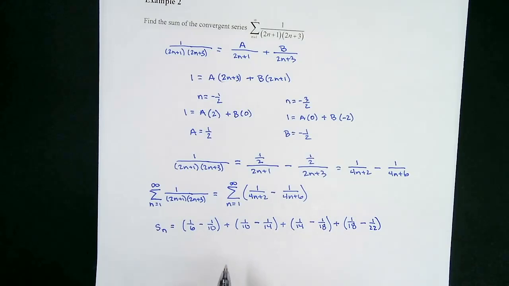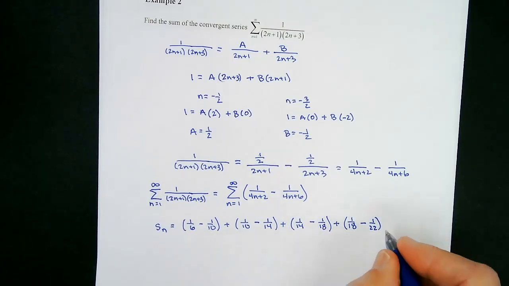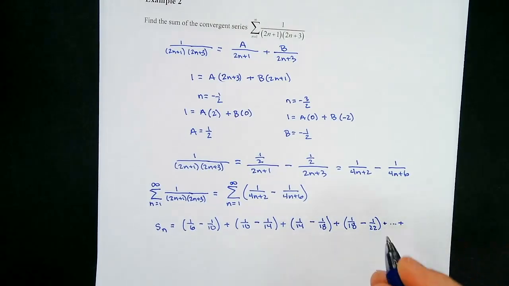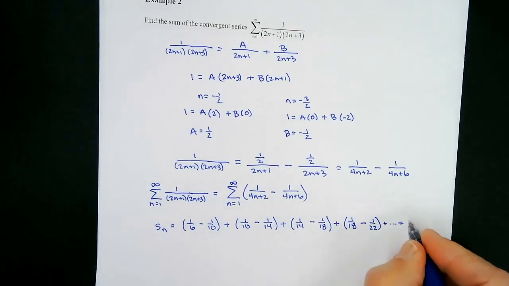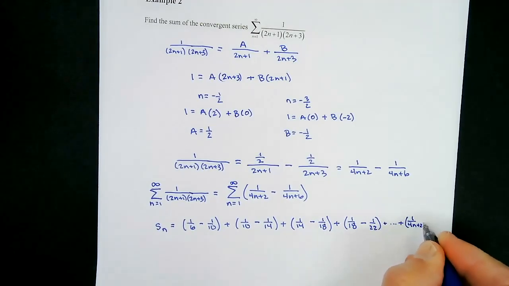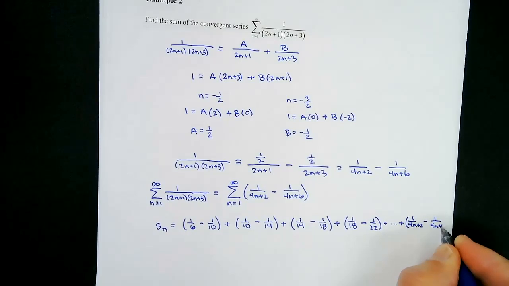And we start to see a pattern, right? This one is minus 1/10, but then we're going to add 1/10. This is minus 1/14, then we're going to add 1/14. Subtracting 1/18, then we're going to add. So these are going to cancel each other out, right? So plus dot dot dot plus, and the nth one would have to be 1 over (4n plus 2) minus 1 over (4n plus 6).